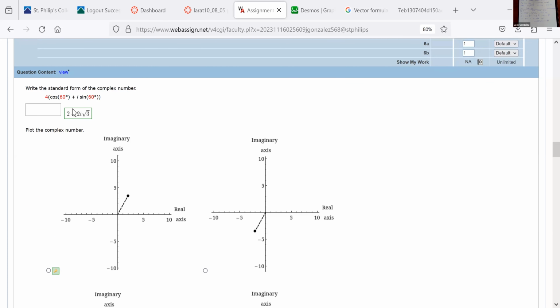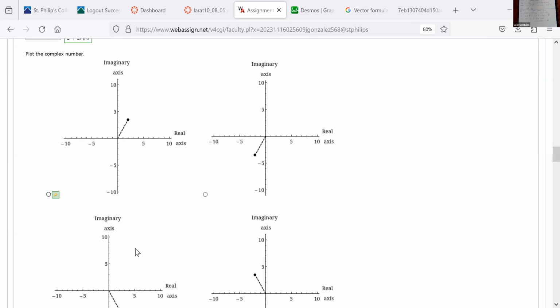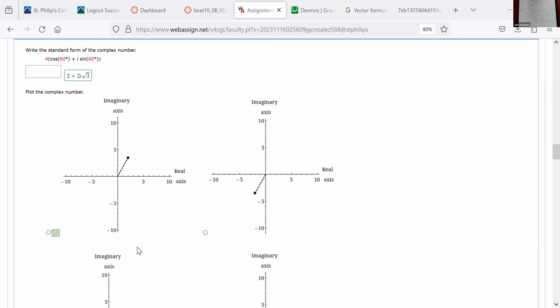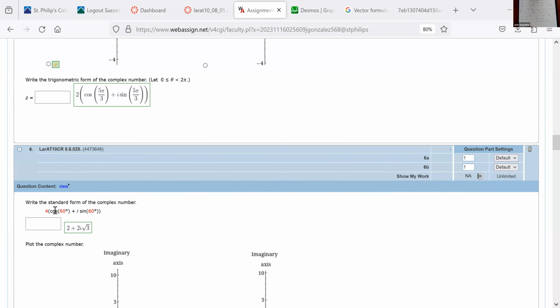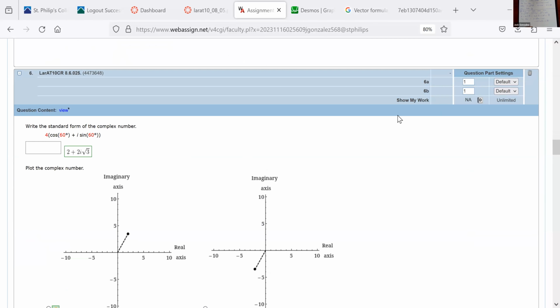Number 6, they want us to go from this trig form and put it in standard complex. And all you got to do is evaluate it, that's it. So what is cosine of 60? Is that 1/2? Yeah, I think it's 1/2. That's number 6.